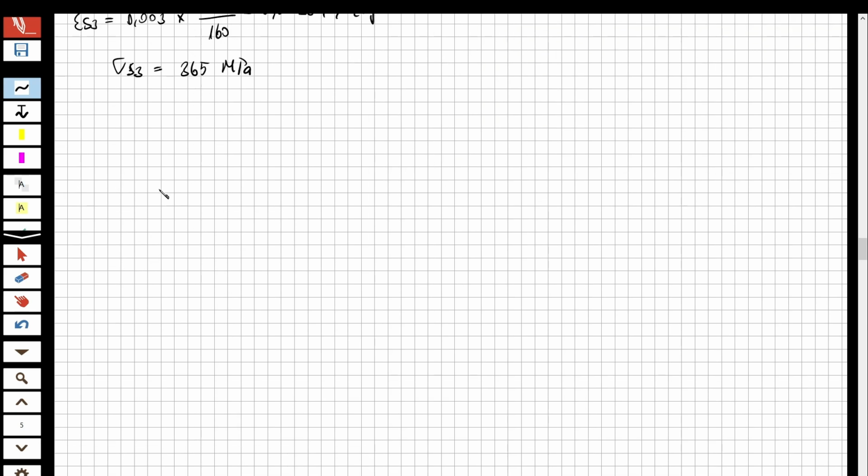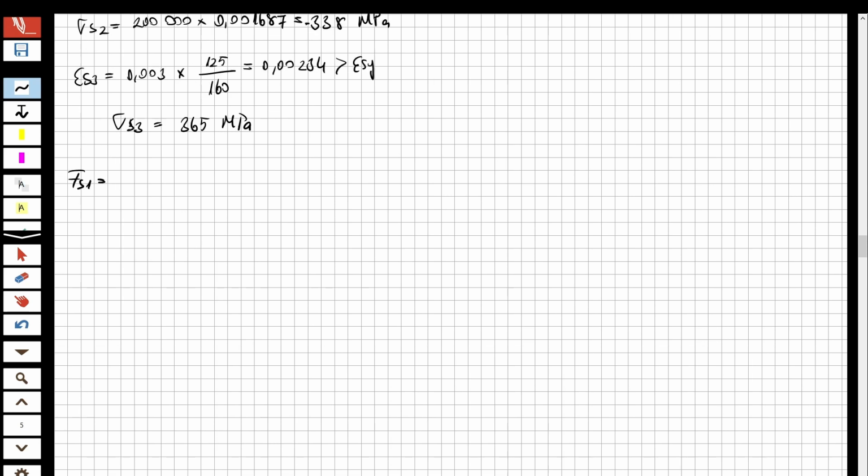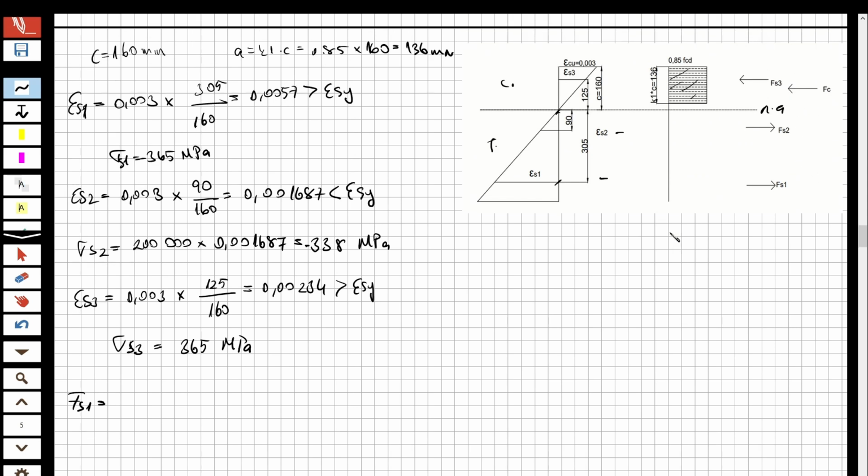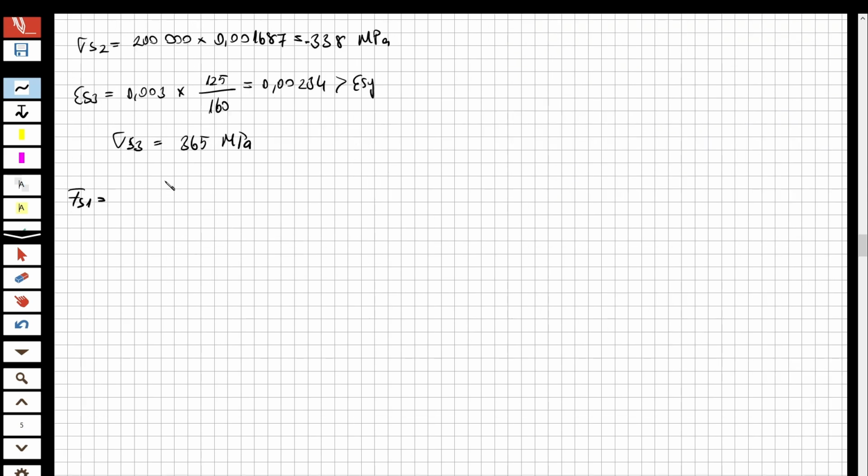Let's calculate the forces. For FS1, look here, I'm going to calculate all the forces. FS1 is going to be the area of steel multiplied by the stress inside the steel. What was that? 365, but minus, okay? And this is going to be equal to minus 219 kilonewton.